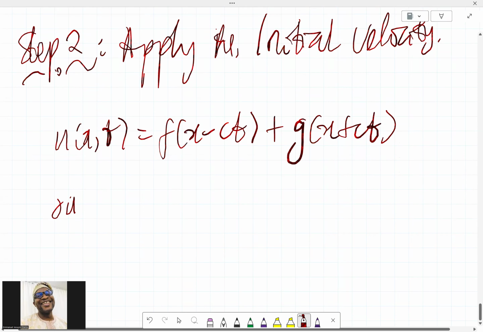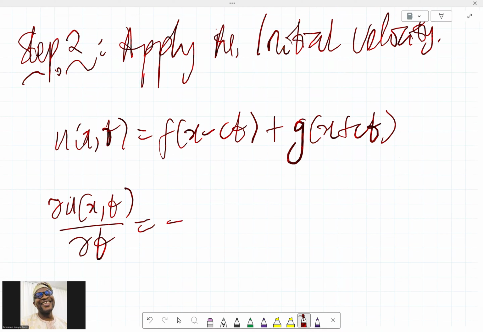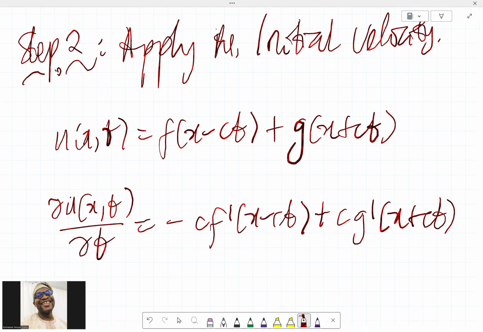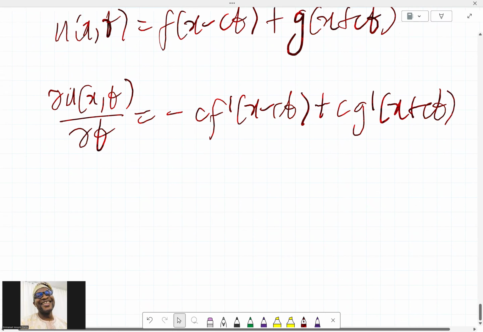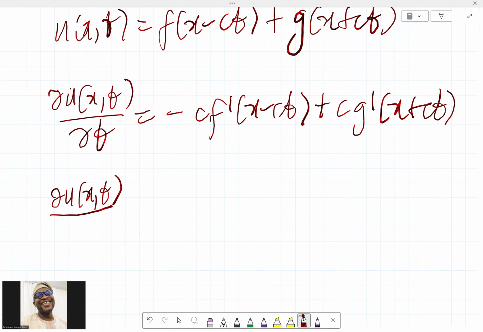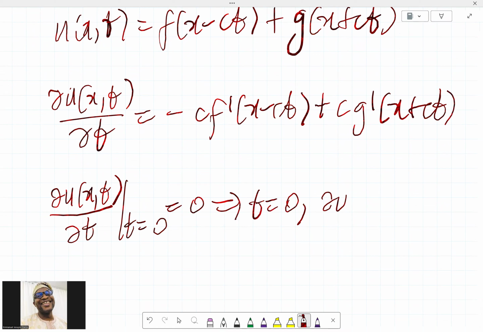So partial u of x comma t partial t is minus c f prime of x minus ct plus c g prime of x plus ct. We can remind ourselves that partial u partial t at t equals 0 is simply 0.